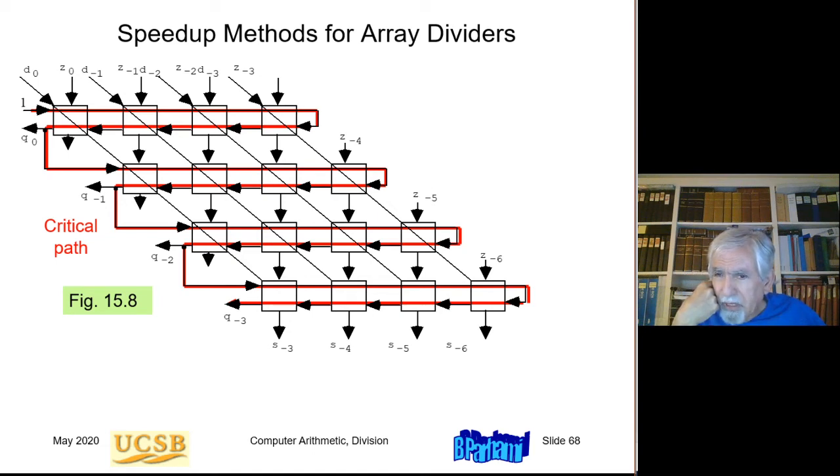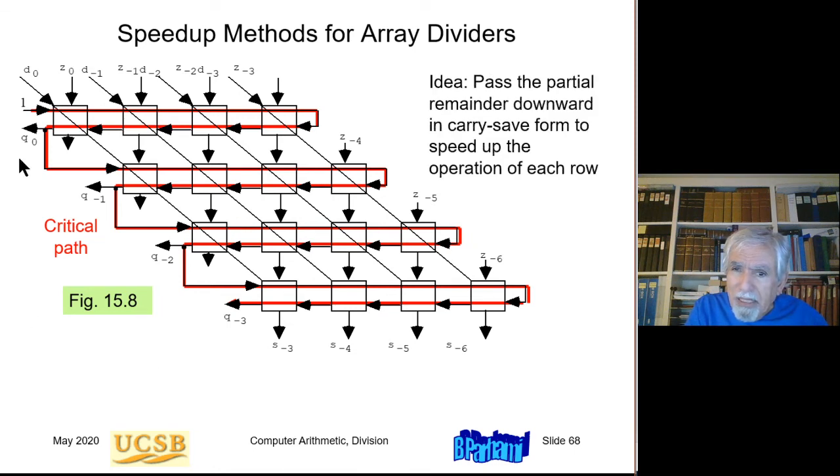So in order to reduce the length of the critical path from k squared, one thing we can do is to send the partial remainder from one row to the next, not in regular binary form, but in carry save form. So we don't allow borrows or carries to propagate, but we do carry save addition or subtraction. However, we do need the value of this quotient digit in order to know what to do in the next row.